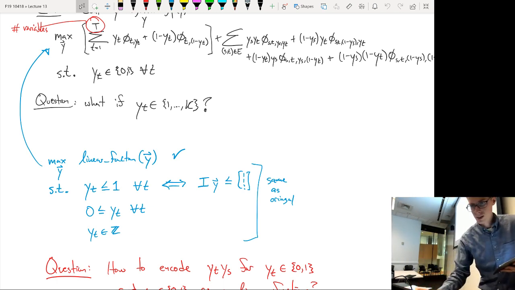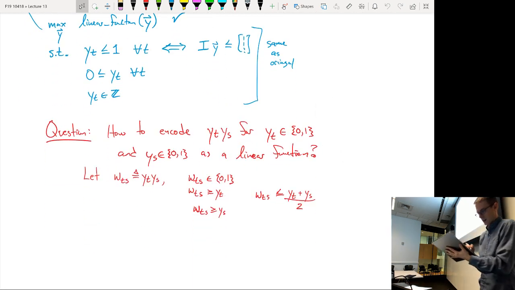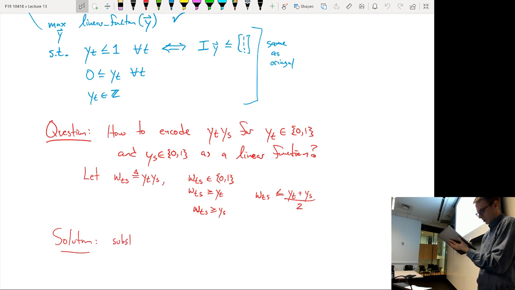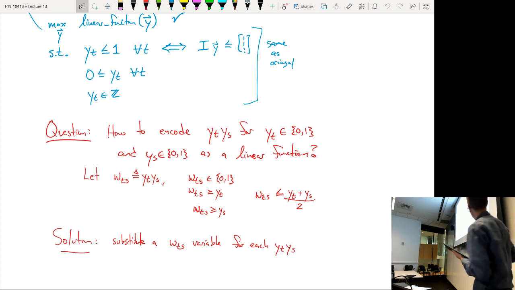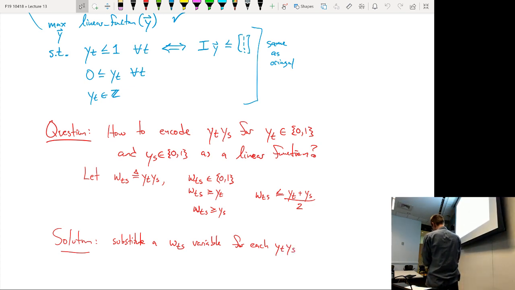So the solution here is just going to be to substitute a WTS variable for each YTYS. And this gives a linear objective.